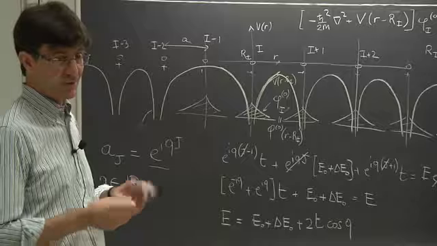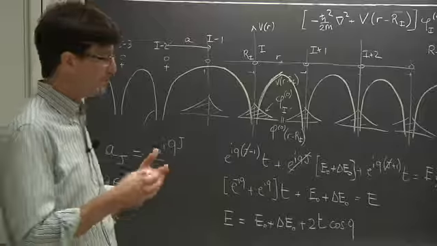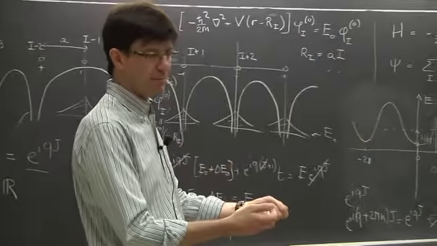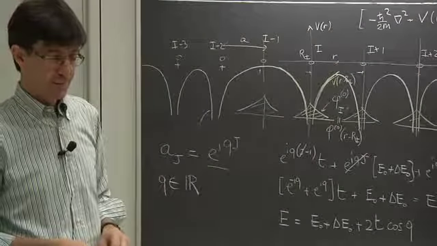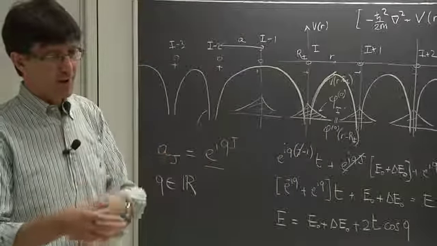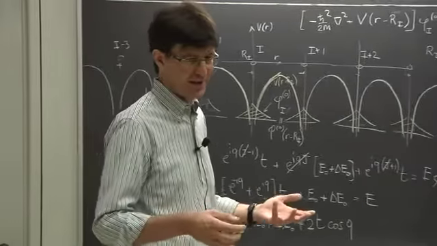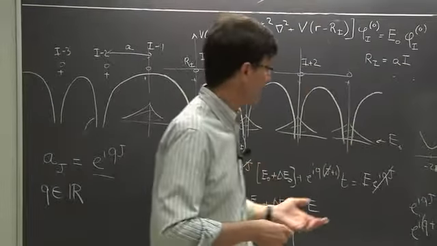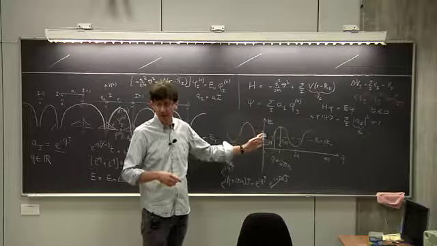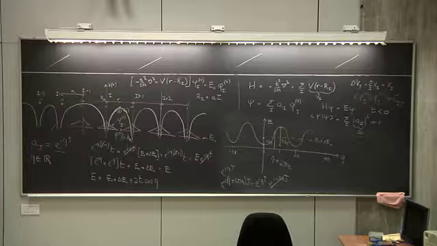In quantum mechanics, whenever you have something that labels a solution, it's called a quantum number. It's something that if I give you that number, I can tell you which solution you're talking about. Okay? If you say that n is equal to 1, L is equal to 0, and M is equal to 0, I know you're talking about the 1s state of hydrogen, 1s state of the atomic problem. Similar here. If you tell me Q is equal to 0.1, I know precisely what you mean. You mean the solution where here I need to place 0.1. Okay?